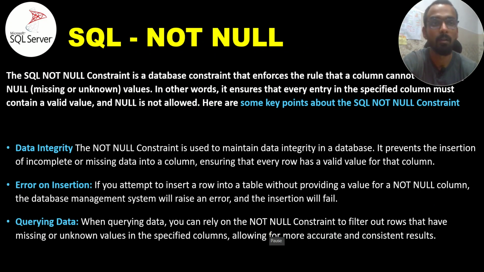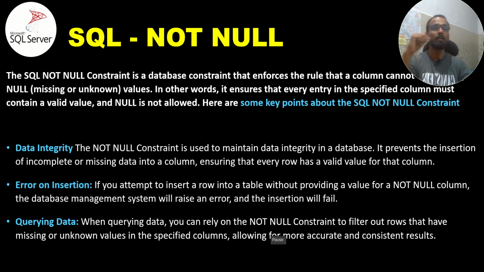So we have not null here, and I would like to give you an overview of what exactly not null is all about. Whenever we want a column to contain only specific values, and we don't want any unknown or missing value, then we provide not null as a constraint for that particular column.